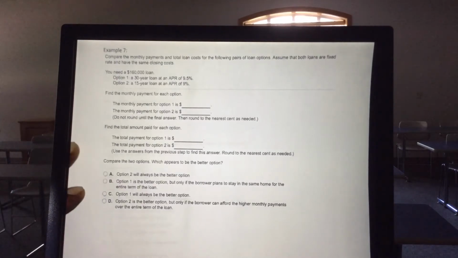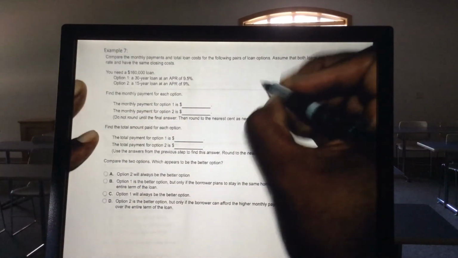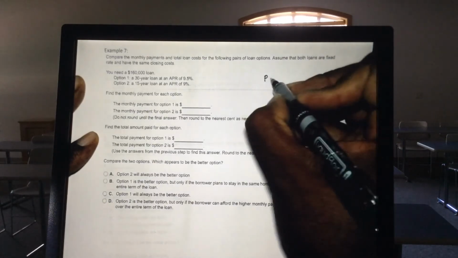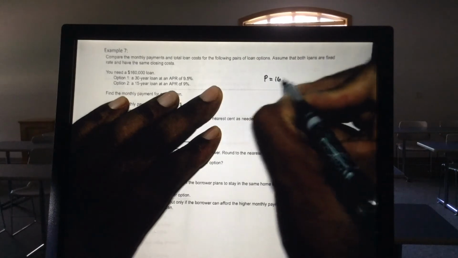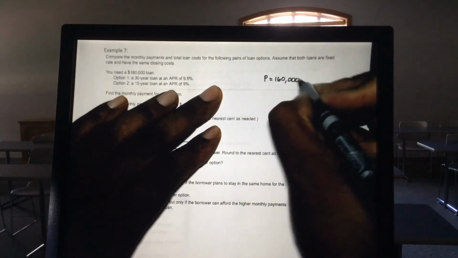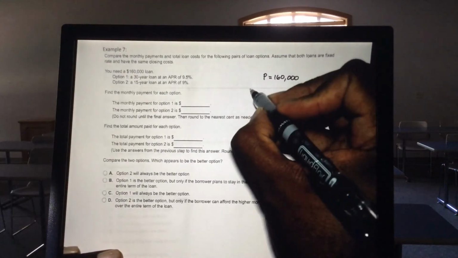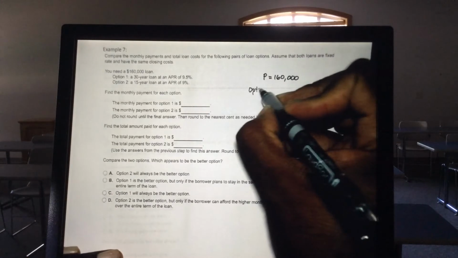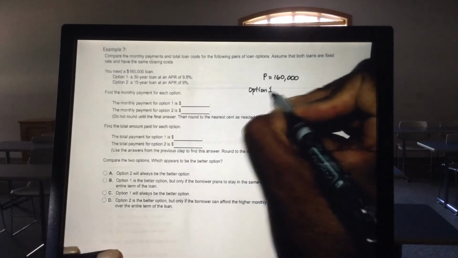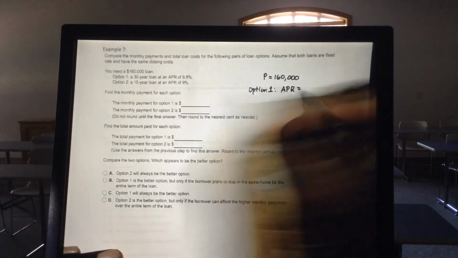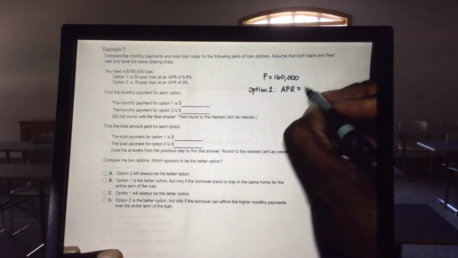Okay, so in this case here, let's identify that P is $160,000. Now, in option 1, the APR, you are told, is 9.5%.